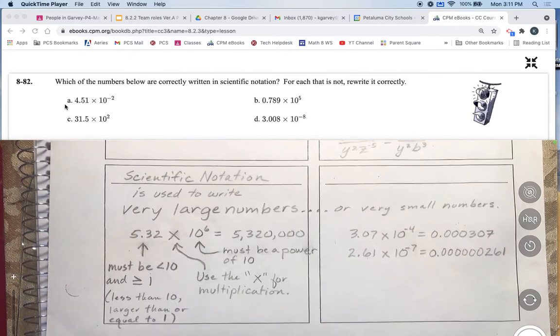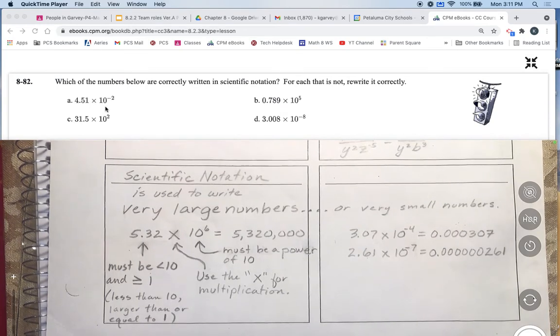So let's take a look at A. So let's look at the first factor. Is this factor between 1 and 10? And is it less than 10, but larger than or equal to 1? And because this is 4.51, we can say yes, this fits what the first factor should be. So let's look at the second factor.